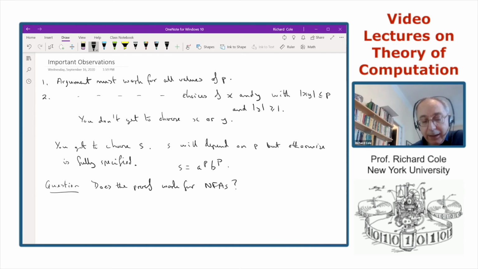So can you take the argument, maybe making small modifications, and have a result that applies to an NFA? So instead of assuming that L is recognized by a DFA, just assume that L is recognized by an NFA, and the NFA has P states, and then is the argument basically correct? Or if it isn't correct, point out where the argument breaks down. Okay, that concludes video 2.